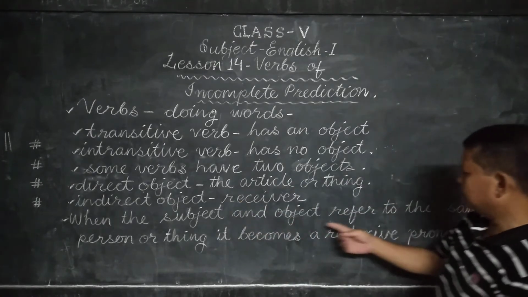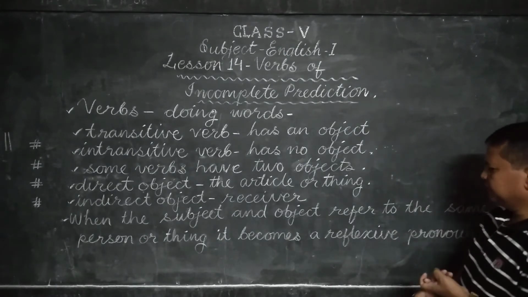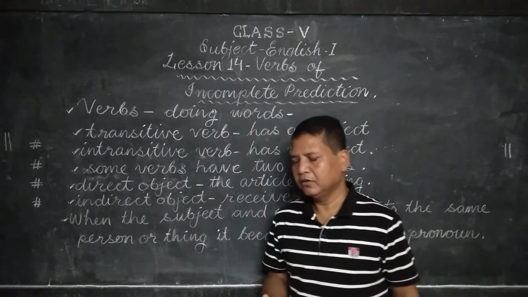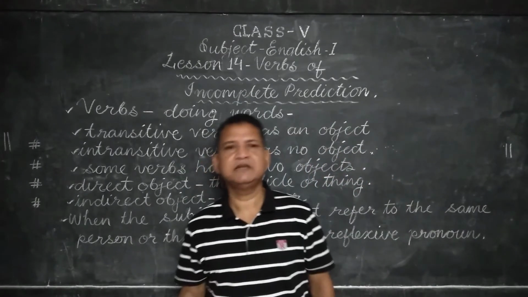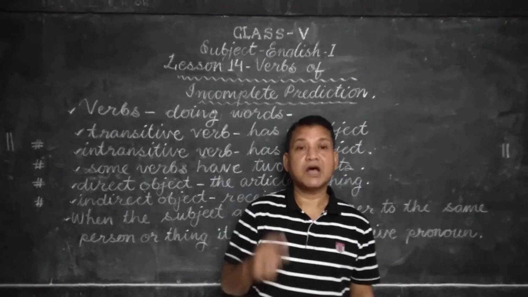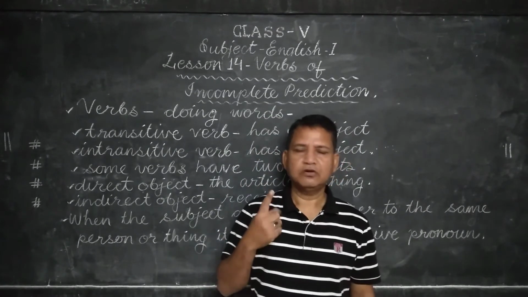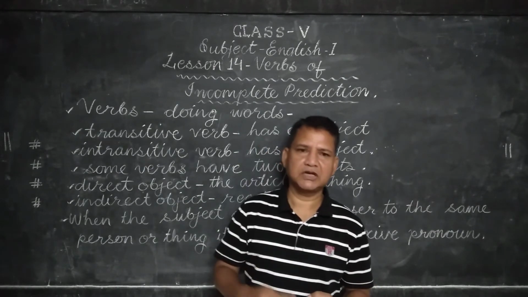When the subject and the object refer to the same person or thing, it becomes a reflexive pronoun. Like, Rahul fell down and hurt himself. Rahul is the subject. He fell down and he has got hurt.